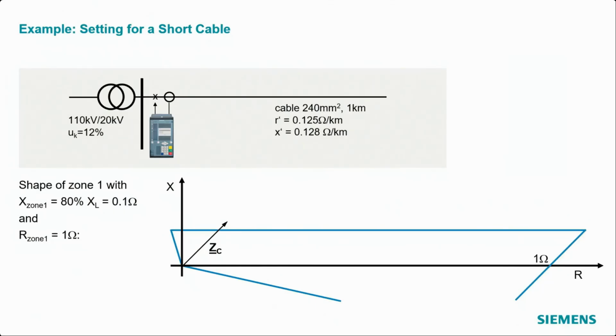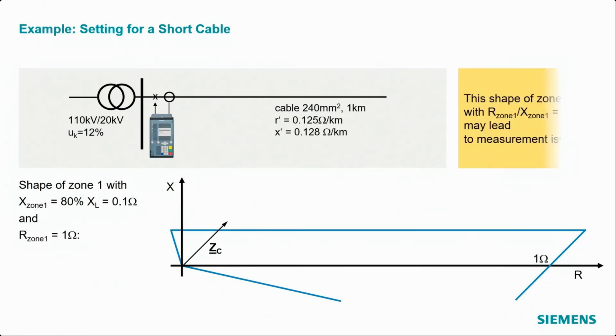You can set it. The question is, will we have problems with that? And in this case, the ratio between the R setting and the X setting is 10. And the point here I want to discuss a bit more in detail is that this setting can lead to measurement issues or increased measurement errors, which can cause problems.